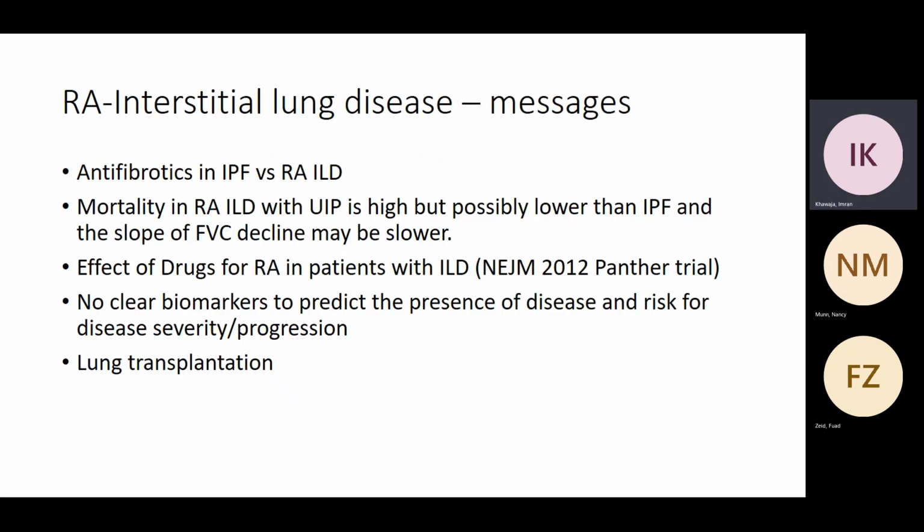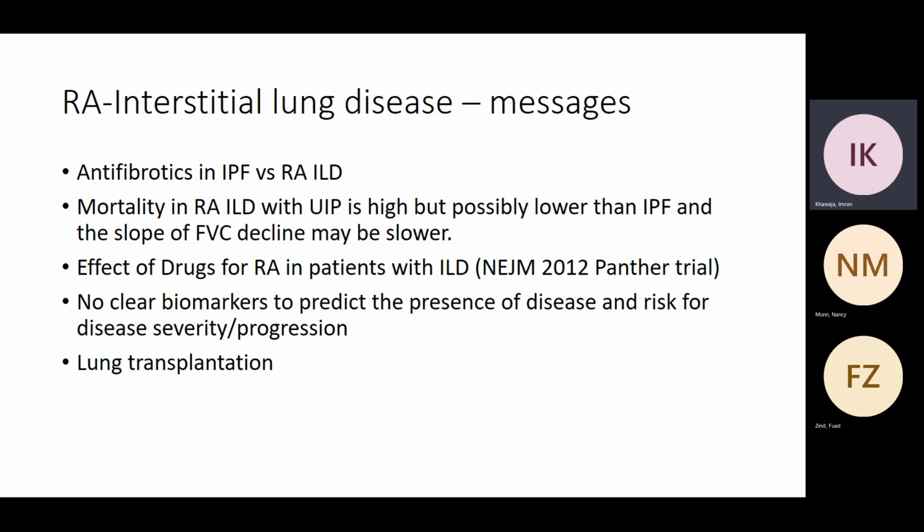So the message in interstitial lung disease related to rheumatoid arthritis is that we use antifibrotics, but most of the papers are studied in IPF, idiopathic pulmonary fibrosis, not in RA-ILD. Mortality with UIP pattern is higher in RA-ILD, but it is lower than that of IPF.